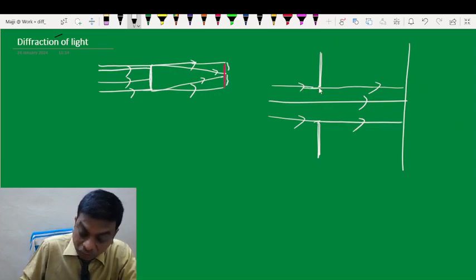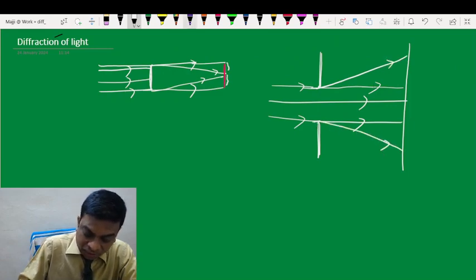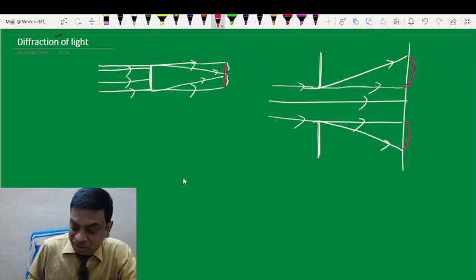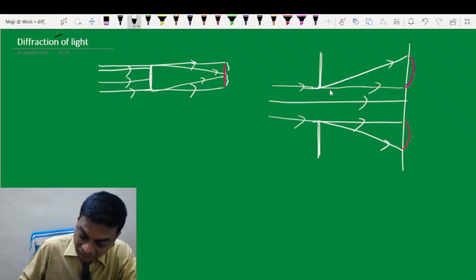Here the light rays would bend at the edges or the corners here. It will bend and it will try to enter like this. So actually, strictly speaking, this is supposed to be a geometrical shadow region. Even this is also supposed to be a geometrical shadow region. But light would be present here.